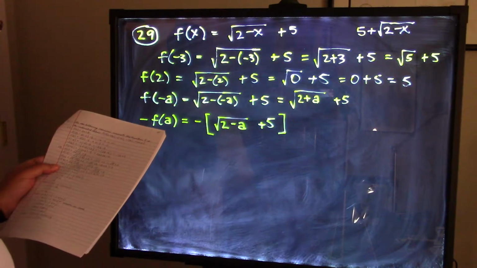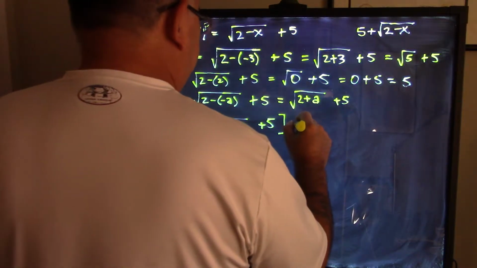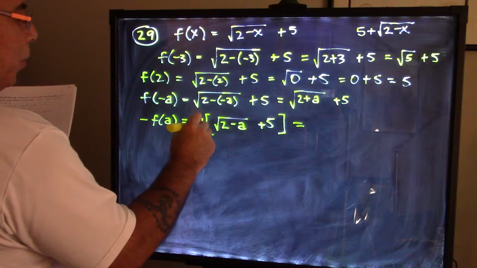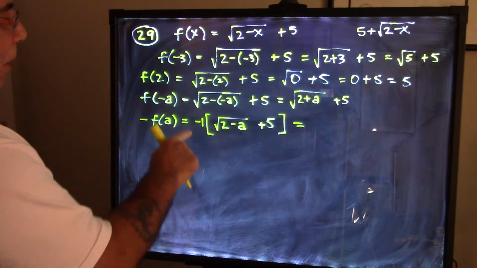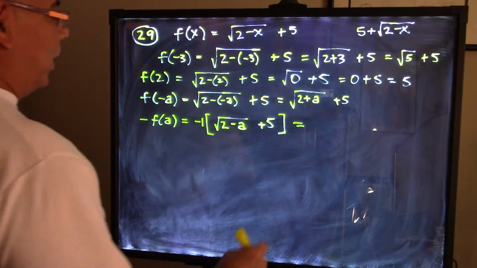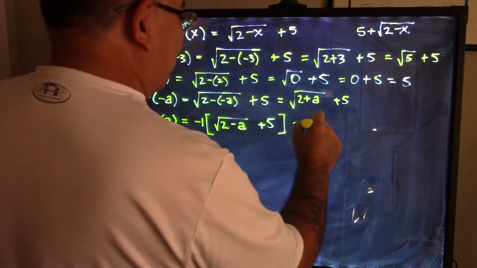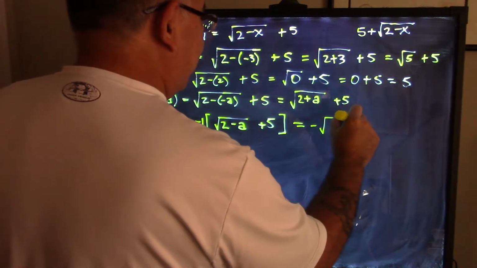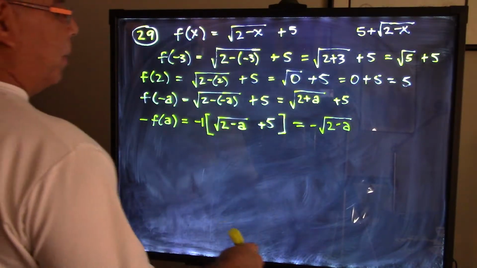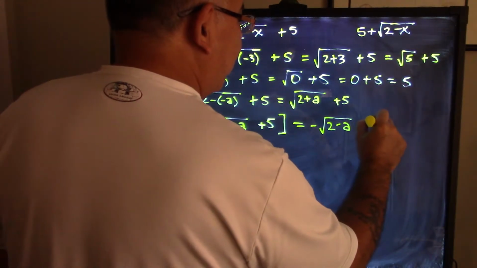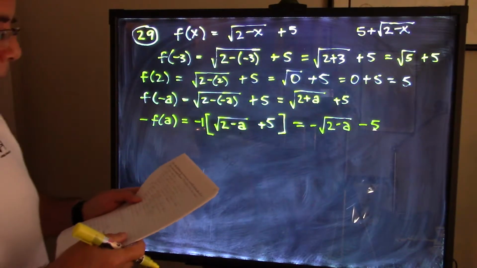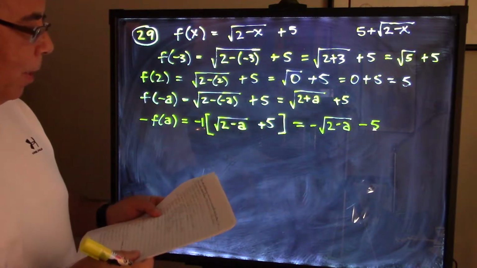And that equals, think of that again as being a negative 1, if that makes you feel better. Negative 1 times everything in there. Distribute that through. That gives you negative 1 times that, which is negative square root of 2 minus a. And then negative 1 times 5 is negative 5. So it's negative square root of 2 minus a minus 5.